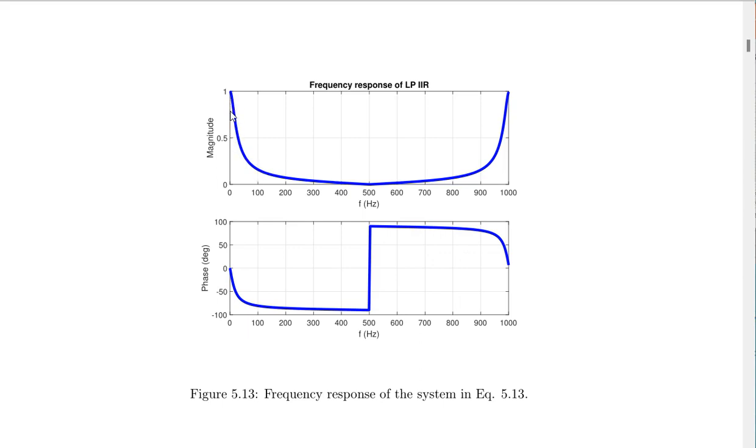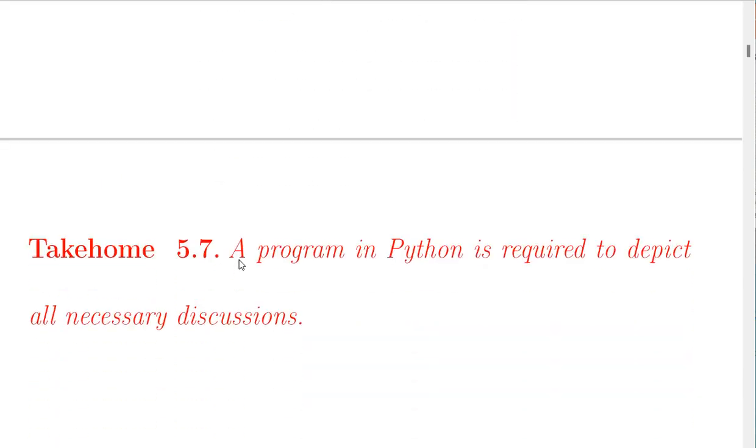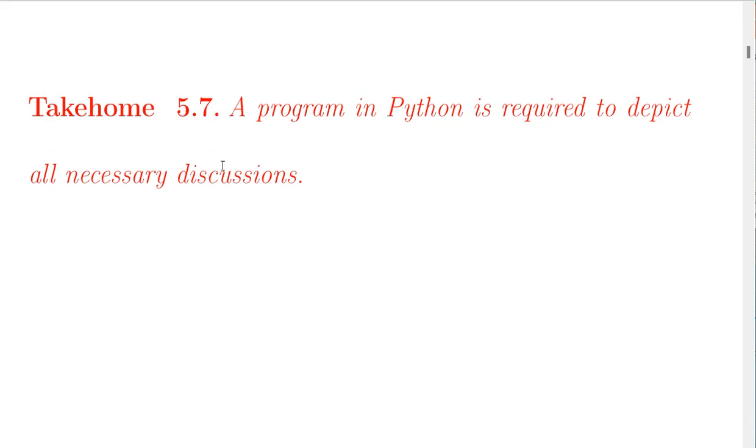Very sharp transition region, very low cutoff frequency, but the price is that the phase is nonlinear. Later you will be more familiar with it. Now, take home 5.7: a program in Python is required to depict all necessary discussions.